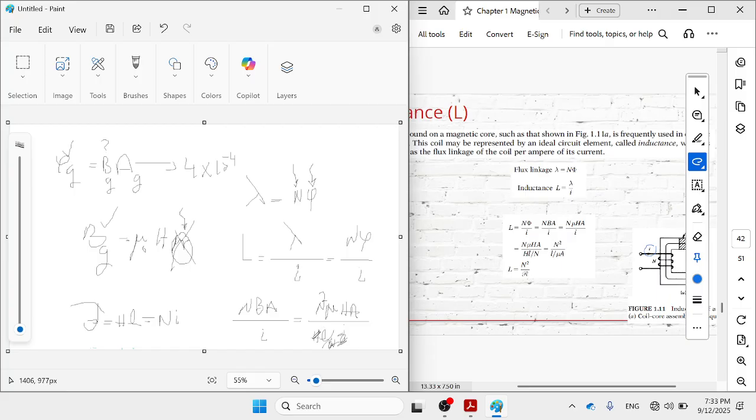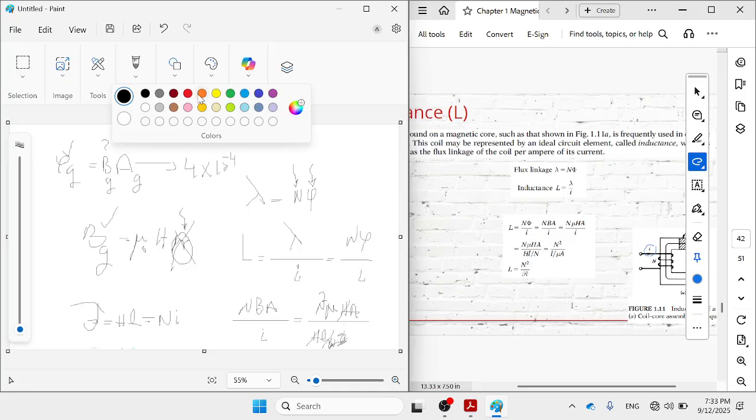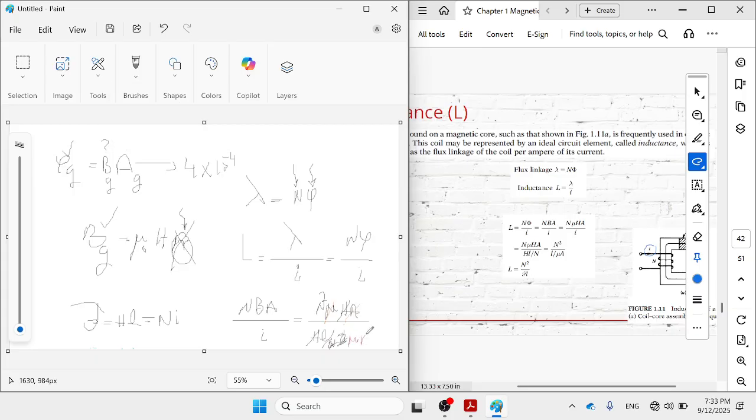Then H and H can be cancelled. And then the top mu and A go down to the denominator side. So these two cancel here and here, and then it becomes L over mu A.